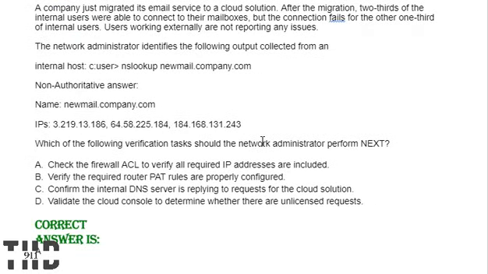A company has just migrated its email service to a cloud solution. After the migration, two-thirds of the internal users were able to connect to their mailboxes, but the connection fails for the other one-third of the internal users. Users working externally are not reporting any issues. The network administrator identifies the following output collected from an internal host.